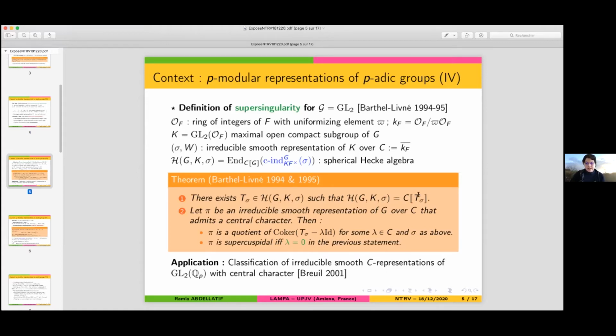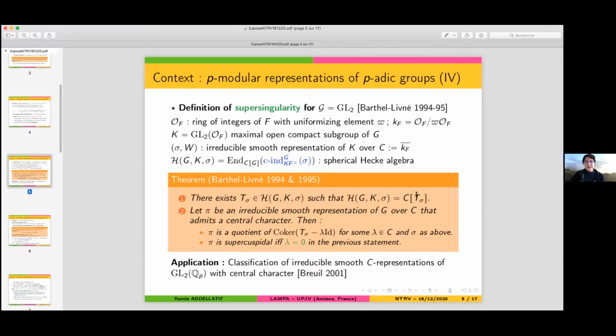And using this operator T sigma, you can build so-called cokernel representations. So just look at the cokernel of the endomorphism T sigma minus lambda identity for any scalar lambda. And the point is that when lambda is non-zero, we can describe these cokernel representations.